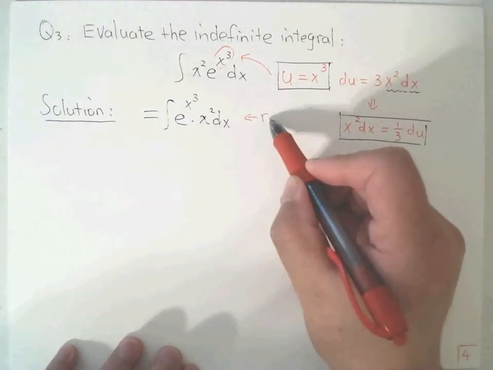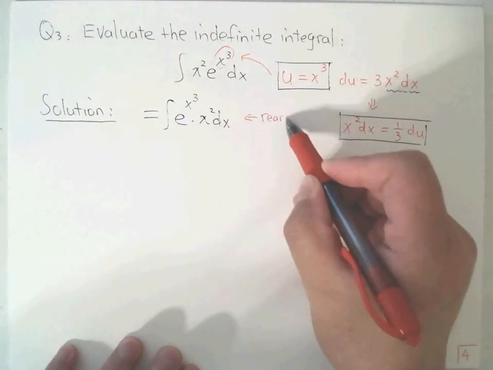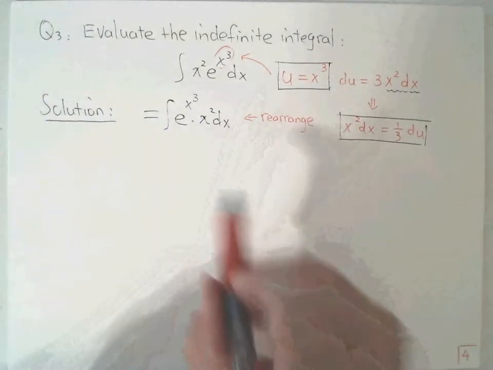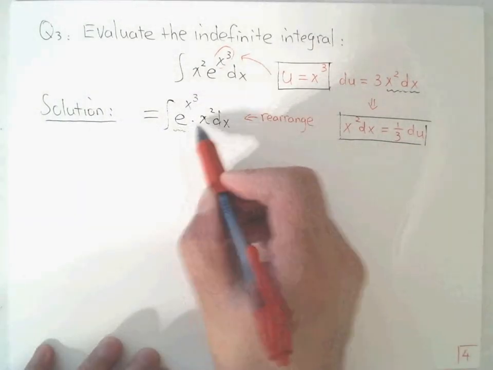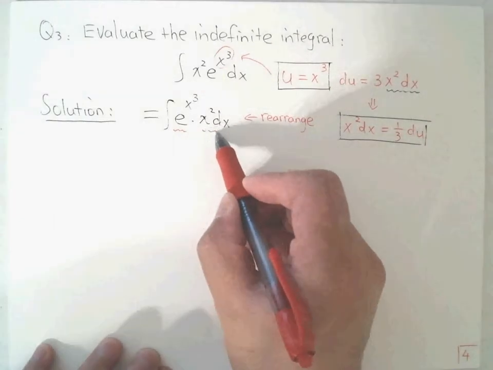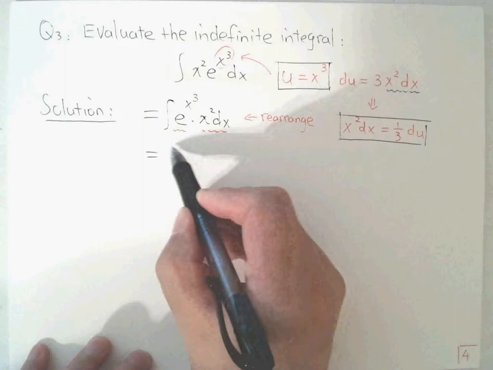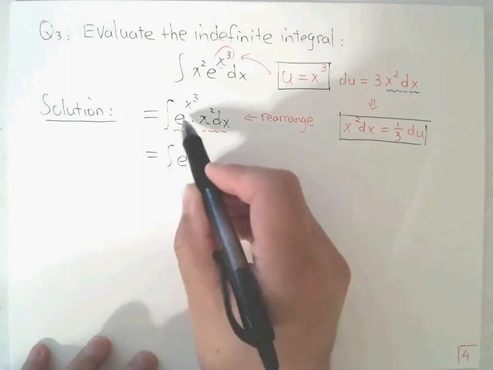This is a rearrangement, and then we can substitute: the first part is substituted by this, and the second part is substituted by this.